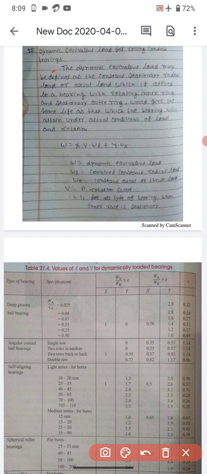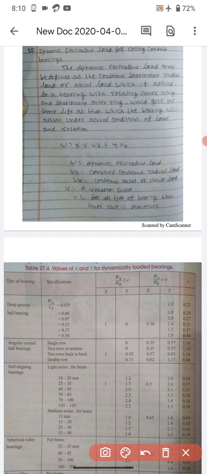The dynamic equivalent load may be defined as the constant stationary radial load or axial load, which if applied to a bearing with rotating inner ring and a stationary outer ring, would give the same life as that which the bearing will attain under actual condition of load and rotation.